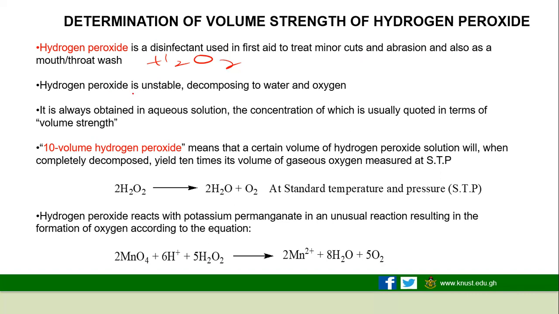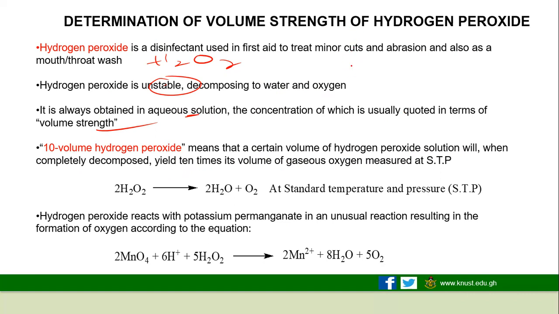Most of them contain hydrogen peroxide. It is unstable and decomposes to form water and oxygen. It is always obtained in aqueous solution, the concentration of which is usually quoted in volume strength. If we have 10 volume strength peroxide, it means that a certain volume of the hydrogen peroxide will completely decompose and yield 10 times that volume of oxygen measured at STP.